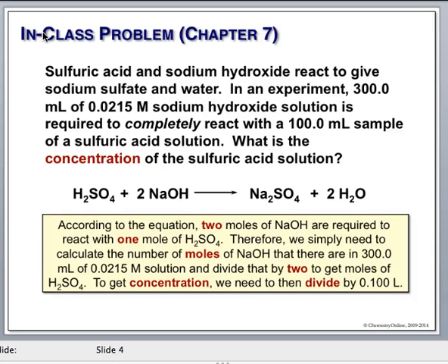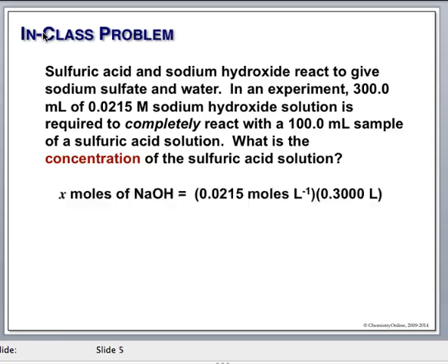So once we know the number of moles of sodium hydroxide, we're going to divide that by 2 to get moles of sulfuric acid. And finally, once we know moles of sulfuric acid and we know its volume, number of moles divided by volume in liters gives us molarity. So that's our logic and how we do this.